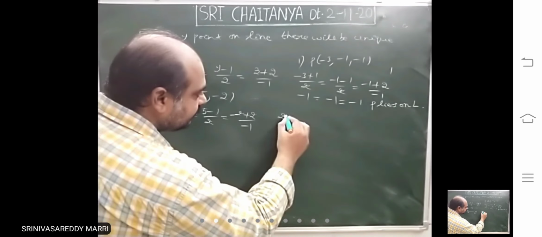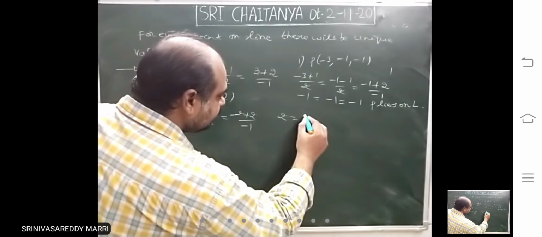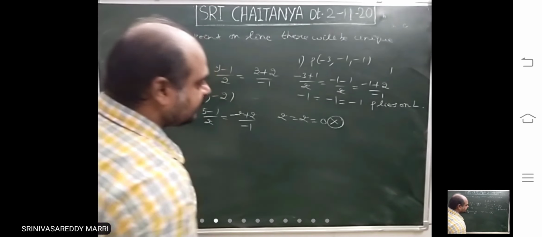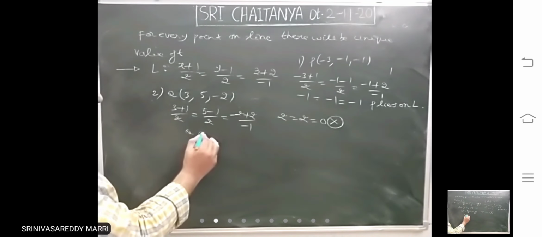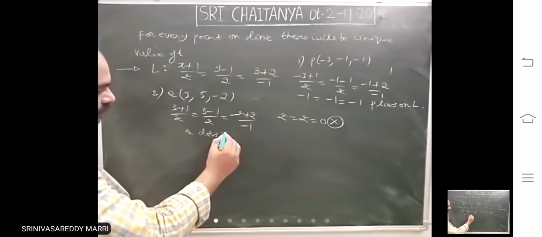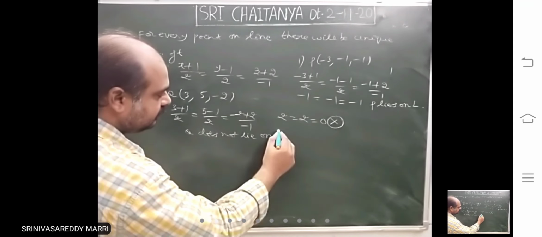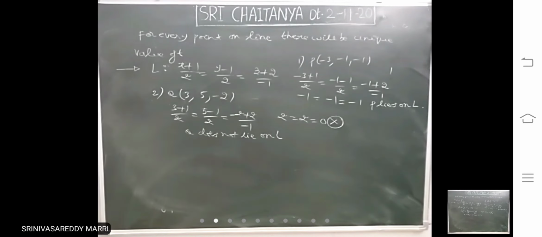This you are getting 2, this you are getting 2, but this you are getting 0. These three are not equal. So Q does not lie on L. That means the line will not pass through Q. The line will be outside; Q will not be on the line.